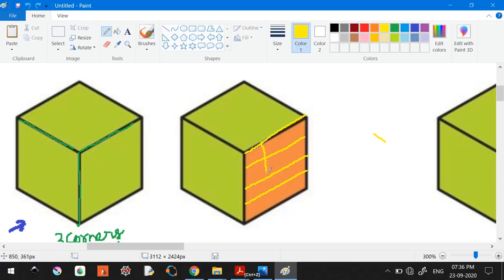I should take something like this also, if you go in this direction, it's 3. Cool. So here also let me draw. Here also.